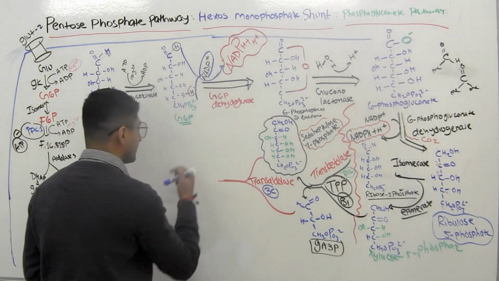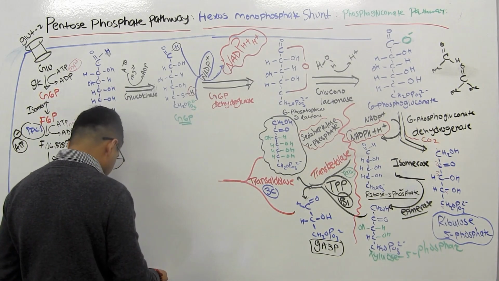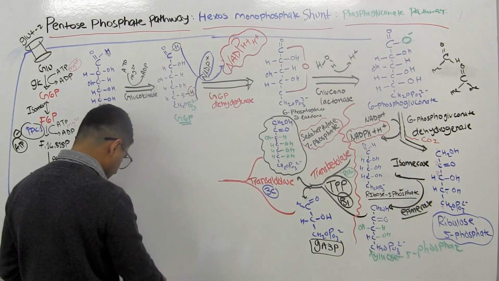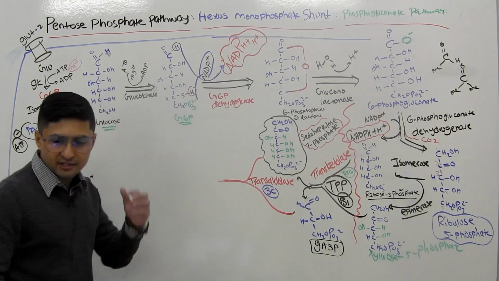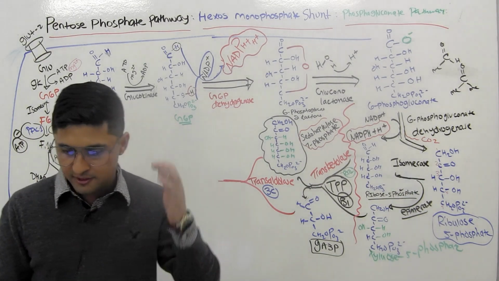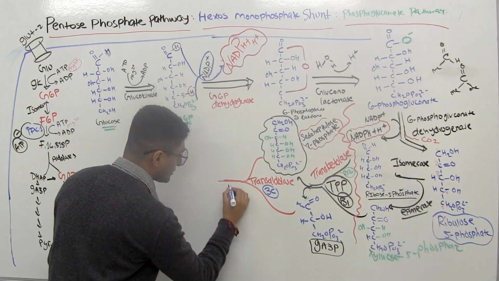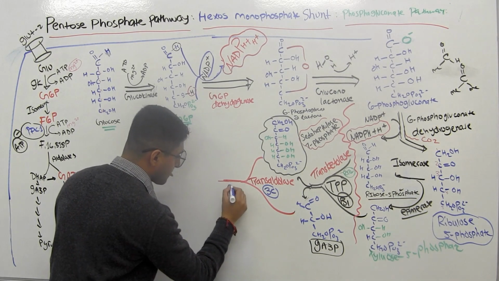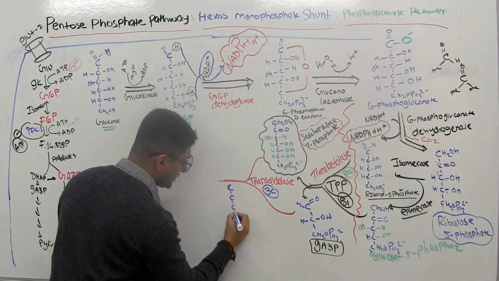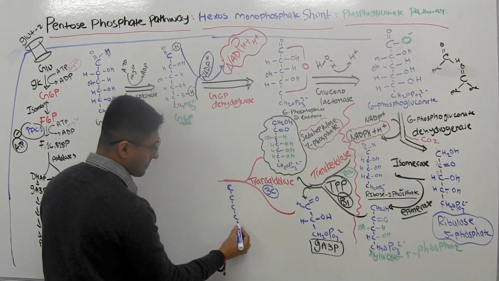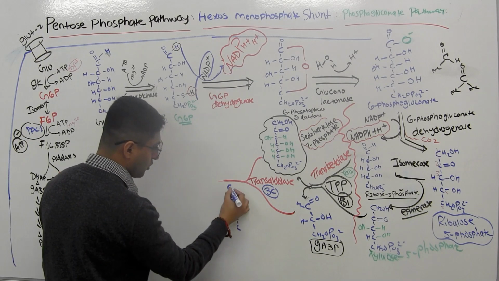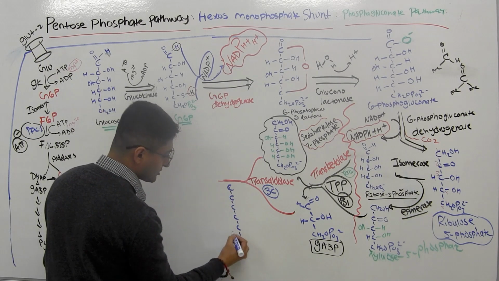So let me put it down here, the fructose 6 compound, right? If I make it the fructose 6 compound, 6 carbons. So you have 1, 2, 3, 4, 5, and then fructose-6 phosphate, 1, 2, 3, 4, 5, and 6, right?